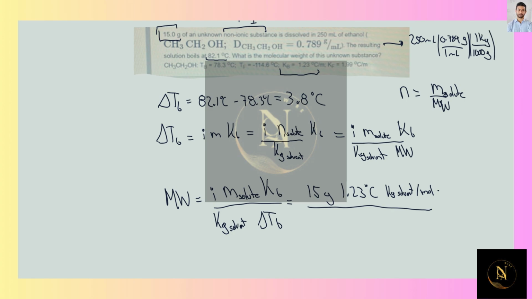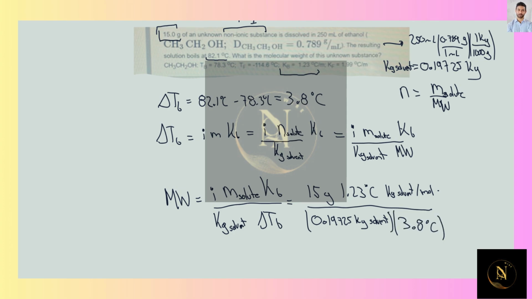So the kilograms of solvent would be equal to 0.19725 kilograms of solvent, and multiply this by the value for the change of the boiling point, 3.8 degrees Celsius.